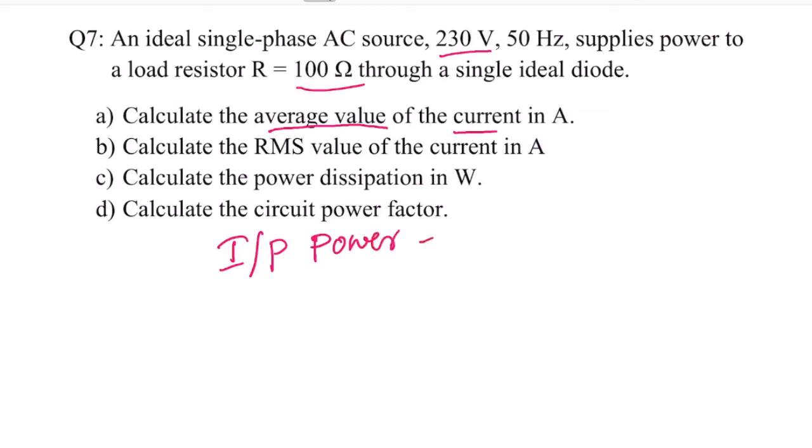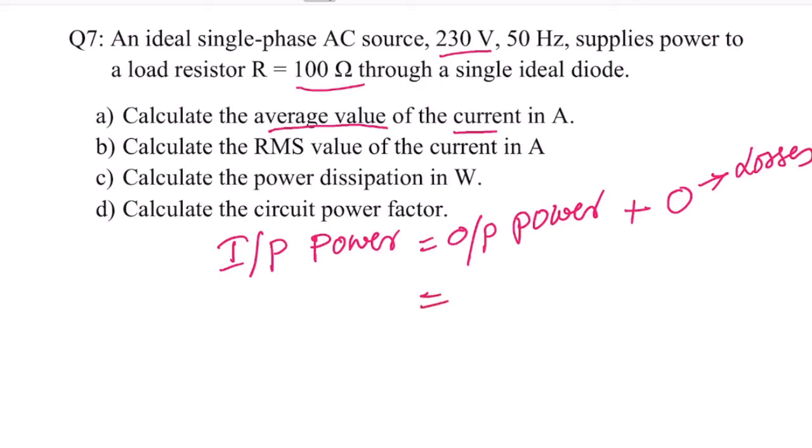Input power is equal to output power when the losses are neglected. Then input is equal to output only when the losses are zero. Then what is the output if I'm taking? It is output RMS voltage into output RMS current, because I don't have any power factor here.